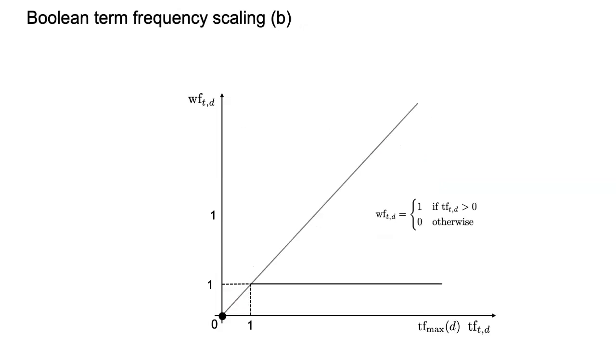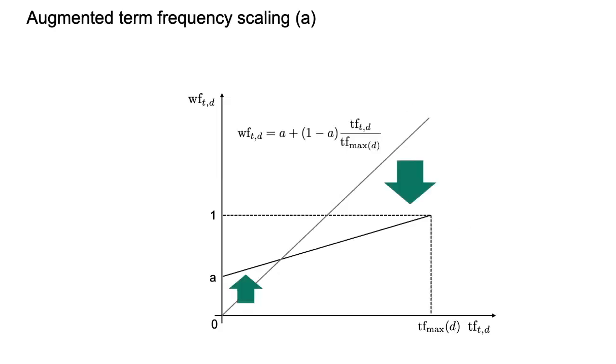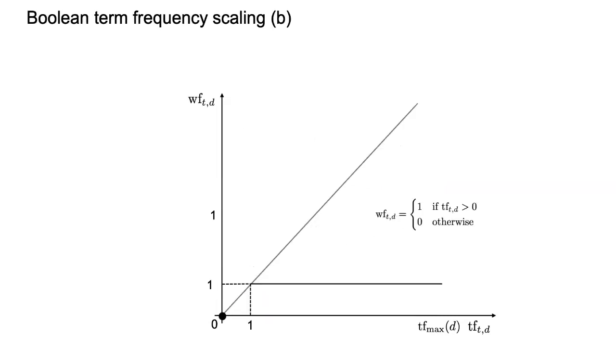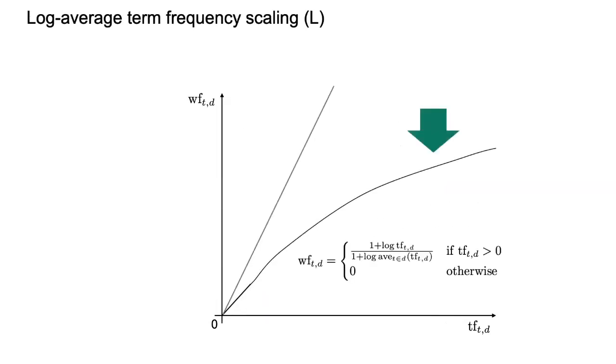Then we have the Boolean term frequency scaling, which basically comes back to the set of words model. You don't have an actual number, you just have a 0 or 1. That's called B. Boolean term frequency scaling, and you get this 0 or 1 thing. All right. By the way, I approximated things with a line and a curve, but these are not real numbers. These are integers, right, on the TF part. So that's, of course, just a pedagogical approximation. It's discrete. Okay.